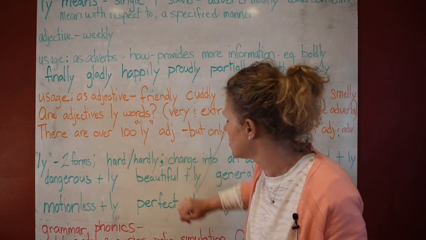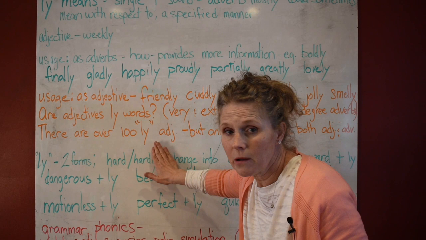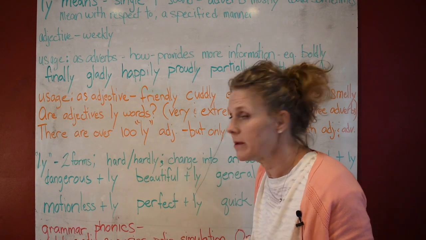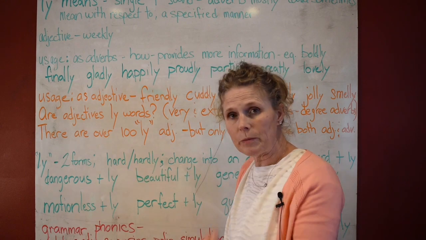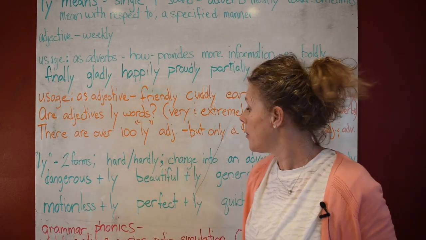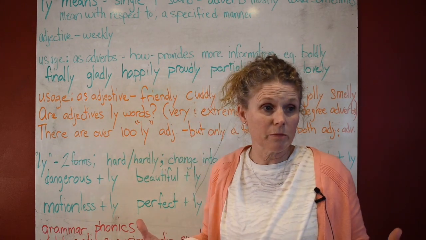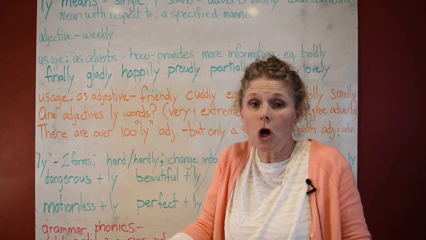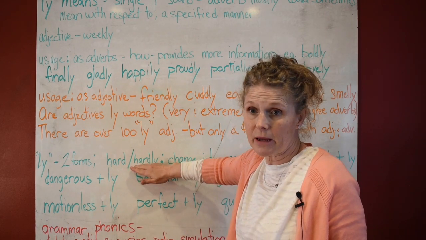So see how we have your base word, and then we have hardly. So I'm basically telling you, you have your base word and you have your ly. There's the two parts. But this is unusual right here. Hard as a base word means it's hard. That's a hard job. But this doesn't mean that same thing.